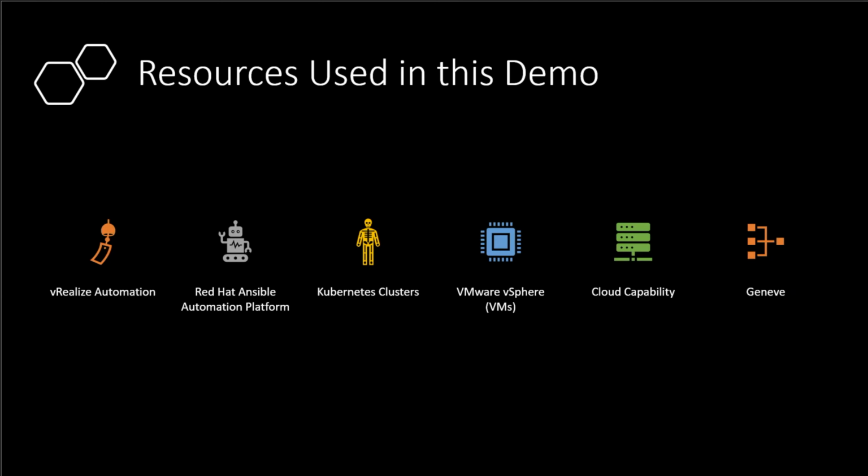We don't have any cloud in this demo, but we do have those pipelines as well. There is cloud capability, of course, with vRealize automation. That's one of the benefits of the blueprints. They can provision machines a lot of places. We're also leveraging Geneve, which is kind of the new VXLAN for software-defined networking.